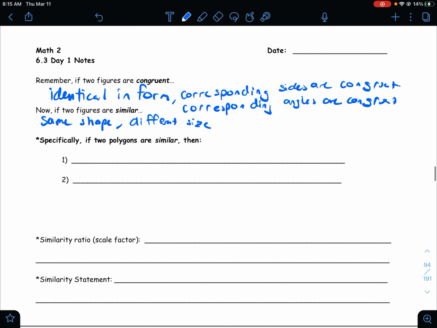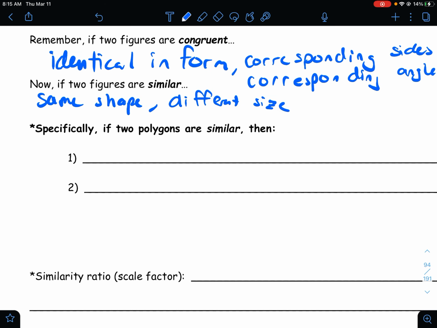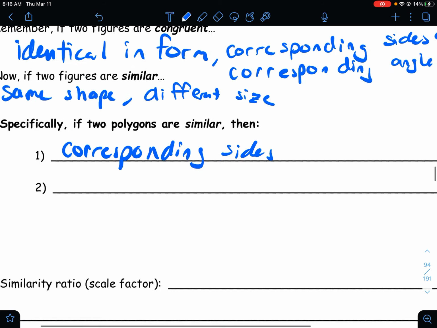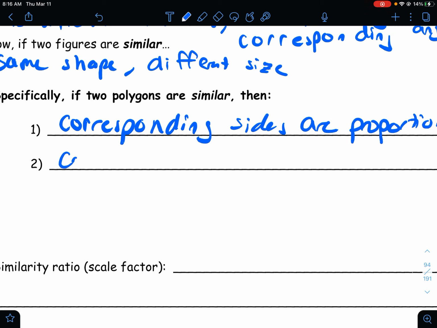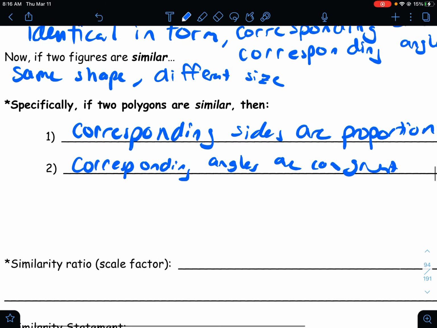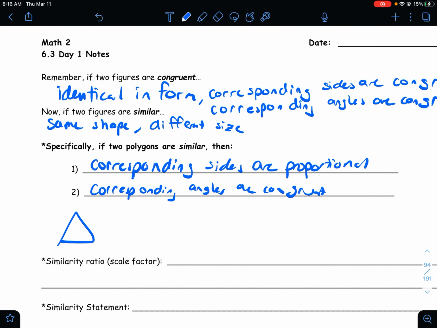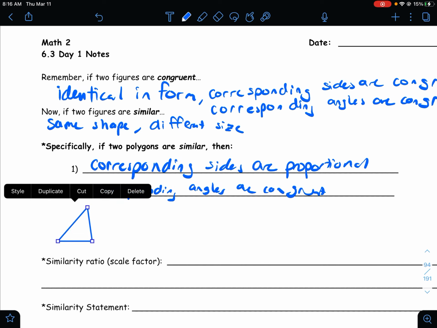And what that means is specifically, if two polygons are similar, their corresponding sides are proportional, and their corresponding angles are congruent. So think of it as, let's say I take this image, make this a triangle.